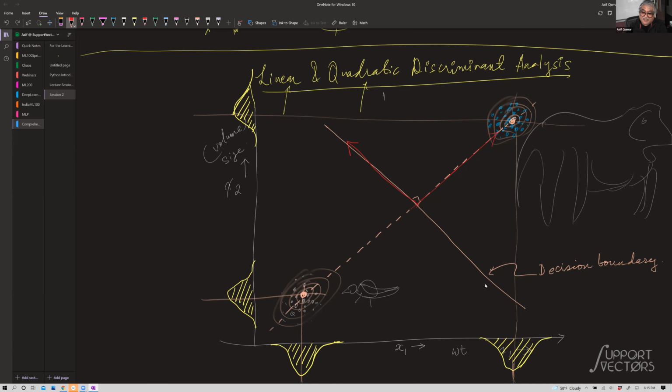Let me call this a new coordinate system. Let me just call it x tilde 1 and x tilde 2. You realize that x tilde 1, x tilde 2 is some rotated version of x1, x2, isn't it? That you're just rotating the x1, x2 axis to this, right?